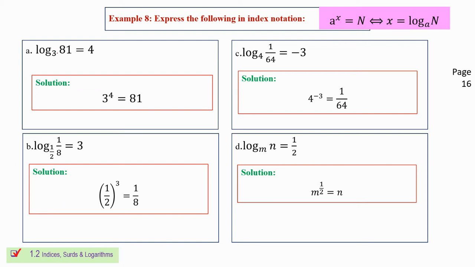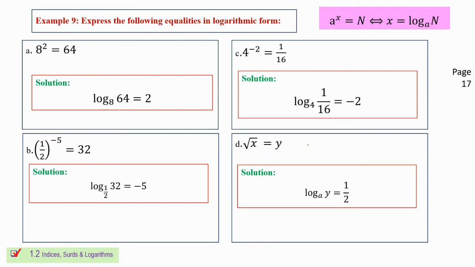So for this one, we just follow back. a is our base. Normally, I look at this as my base. Power to this one, 3 to the power of 4 equals 81. And half to the power of 3 is 1 over 8. And then 4 to the power of negative 3 is 1 over 64. And the last one, n to the power of half equals n.